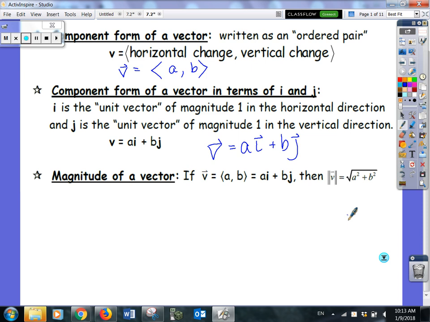So those are the things you need to know: component form, terms of i and j, and then how to find the magnitude.